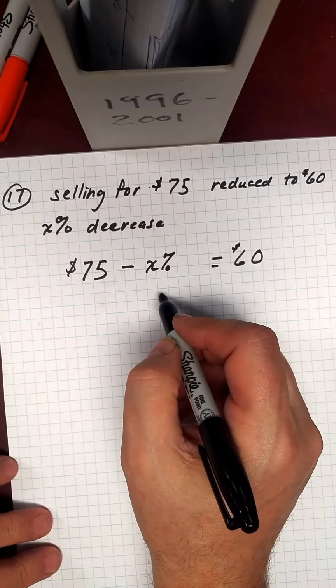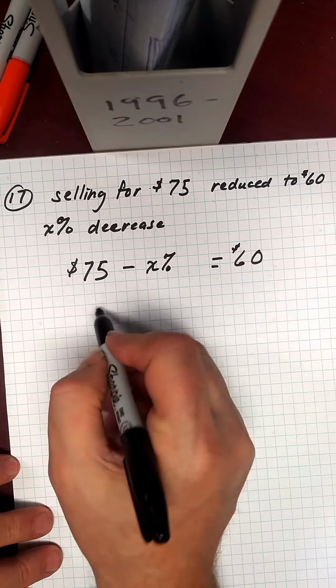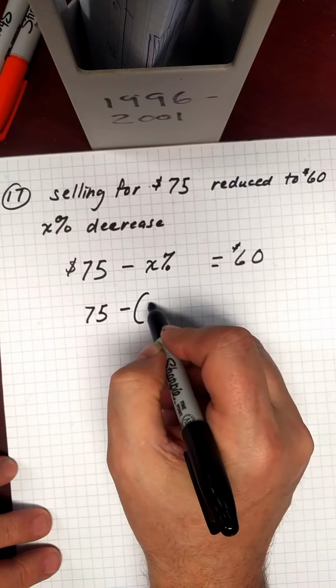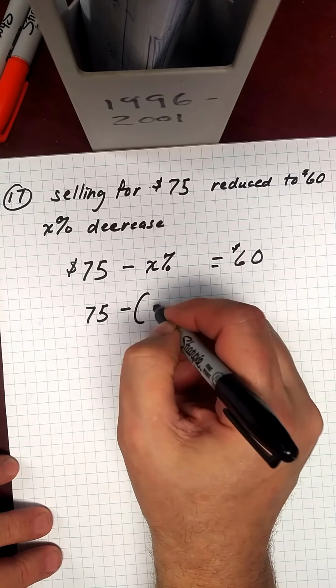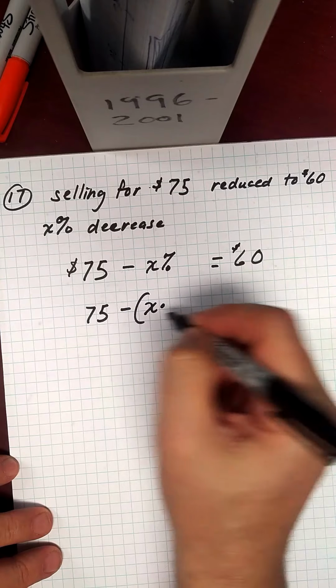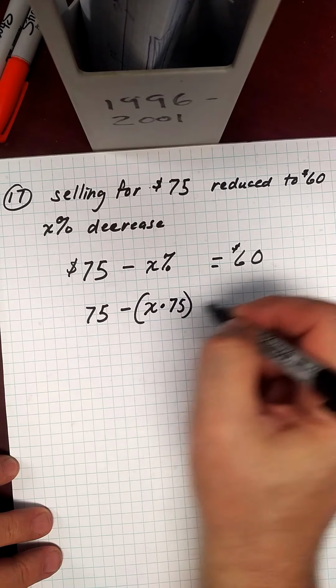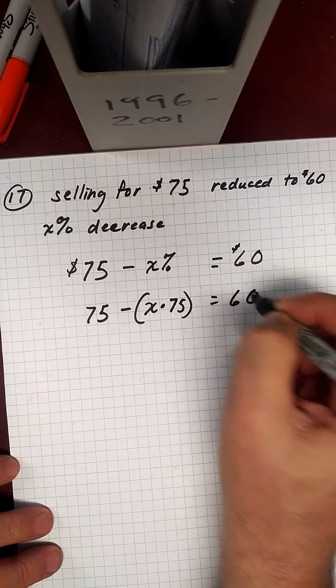So we have 75 is what we started with, so minus, and then we want the percent of, or X times, that's going to be our percent, times 75 equals 60.